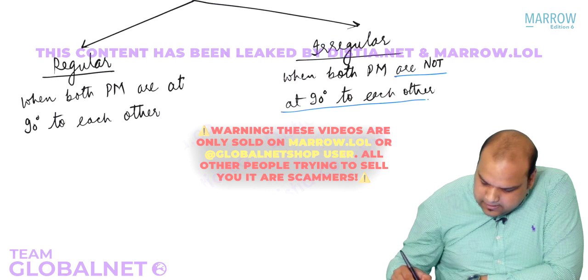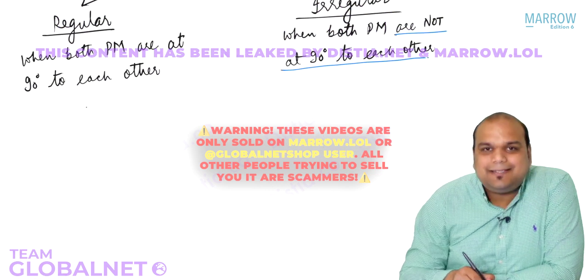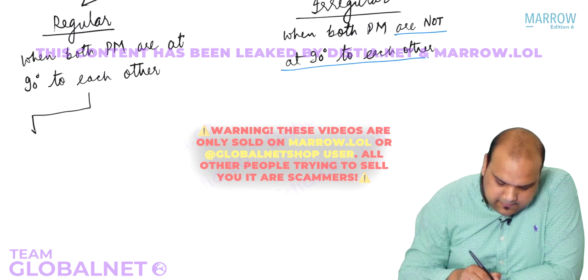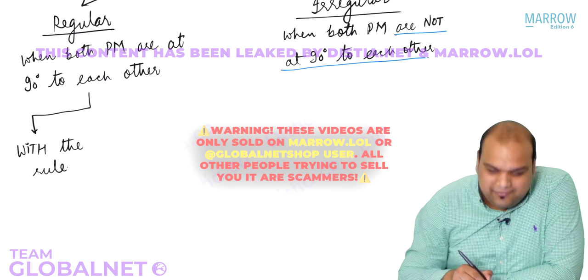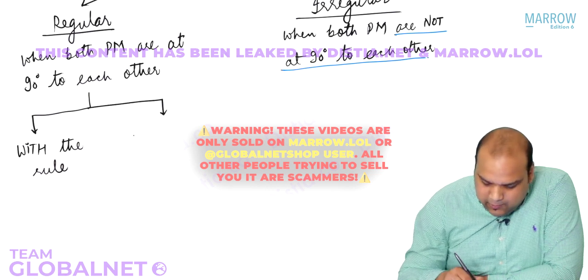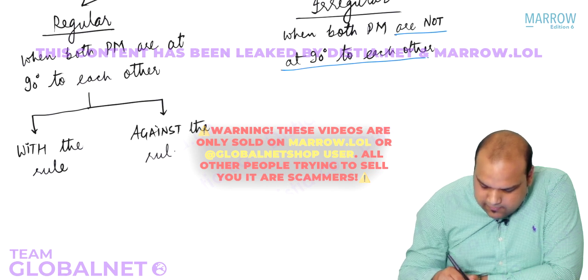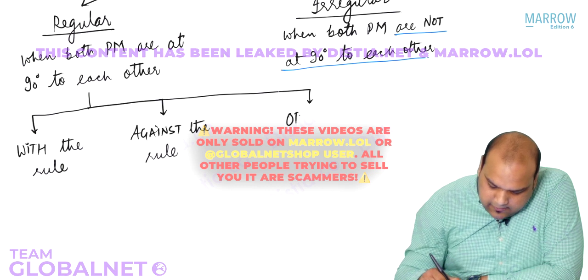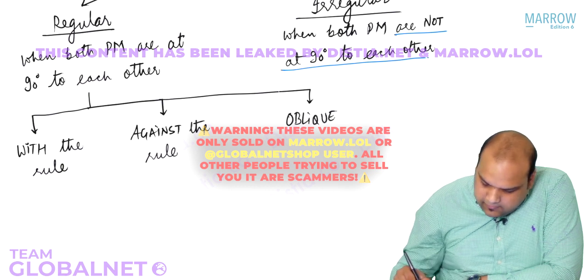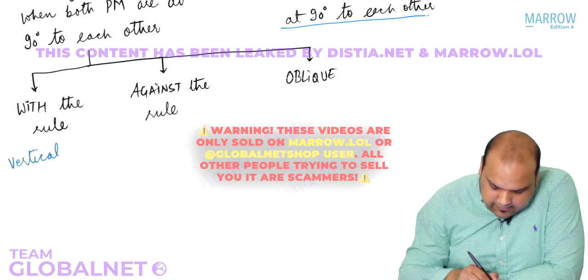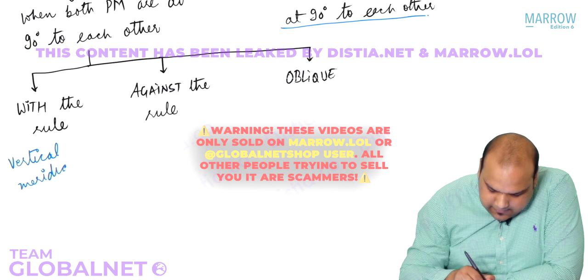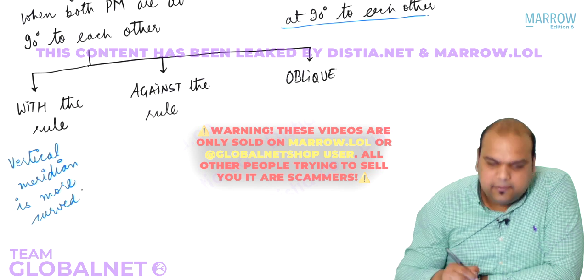Then, I'll explain all this, everybody. Regular astigmatism can be divided into further subtypes: with the rule, against the rule, and oblique. You may have heard these names and they may have been troubling you. With the rule astigmatism is said to occur when the vertical meridian is more curved.